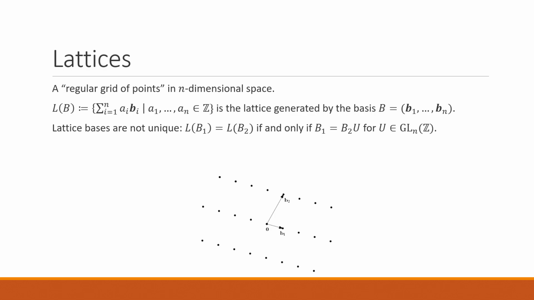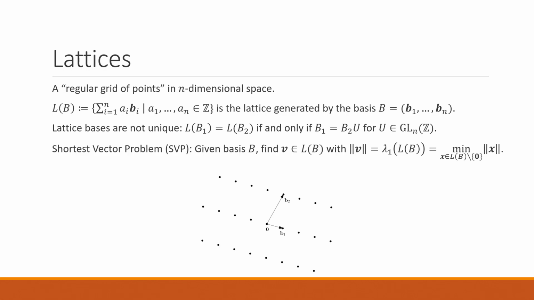In particular, 2 bases generate the same lattice if you can multiply one of them by a unimodular matrix, that is, an integer matrix whose determinant is plus or minus 1, to get the other basis.